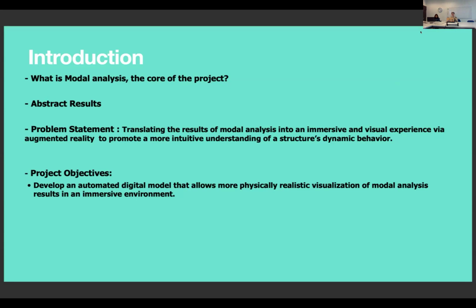So these are the project objectives, which is inspired by a previous project but with some improvements. This year it will be developing an automated digital model that allows more physically realistic visualization of modal analysis results via augmented reality.